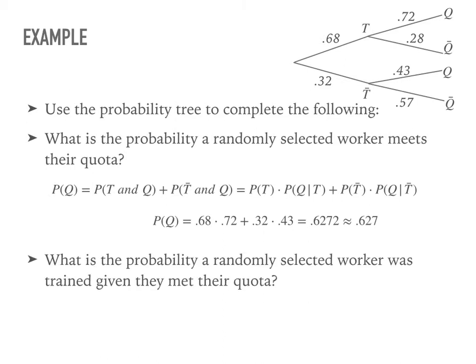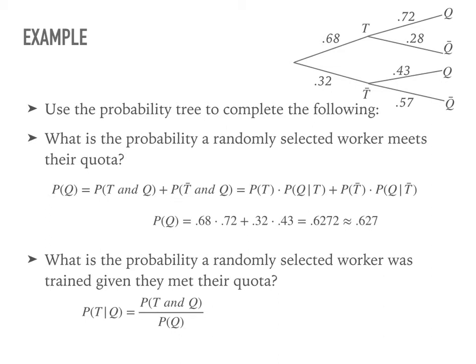Now, what is the probability that a randomly selected worker was trained given they met their quota? Now, this is slightly different than what we have already. So we're looking at the probability trained given they met quota. So it's the probability of being trained and meeting quota divided by the probability of meeting quota. And we've seen both of these before.